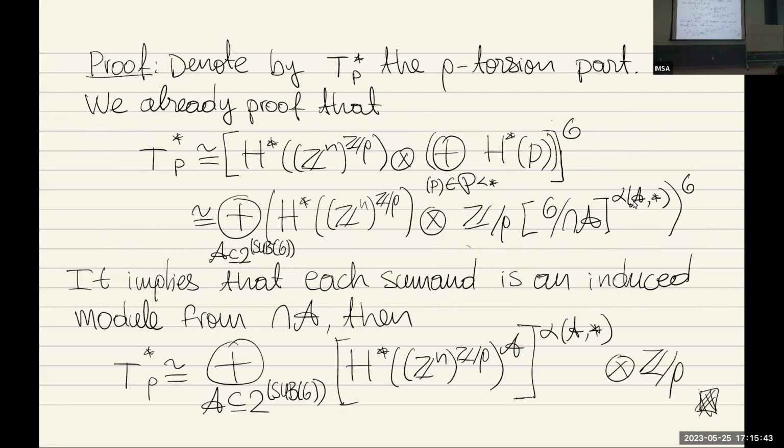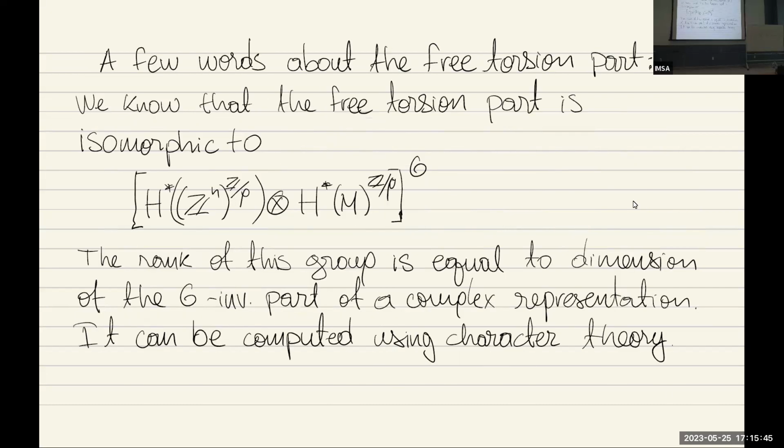Okay, let me say a few words about the torsion free part. We know that the torsion free part is isomorphic to this one, the G invariant part of this tensor product. But to compute the rank of this part, we could take complex coefficients. And in complex coefficients, it is just a G representation.